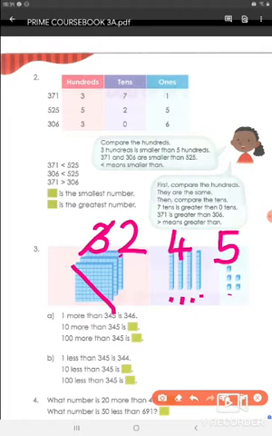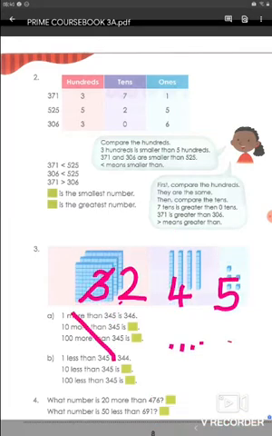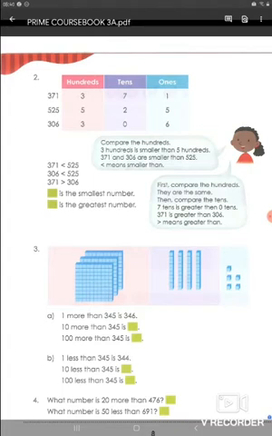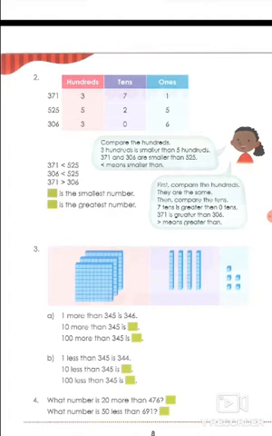And then the last question here wants to know, what number is 20 more than 476? So now we have 4 hundreds, 7 tens, and 6 ones, and they want to add 2 tens. That's 20, right? So which one are we going to add to?